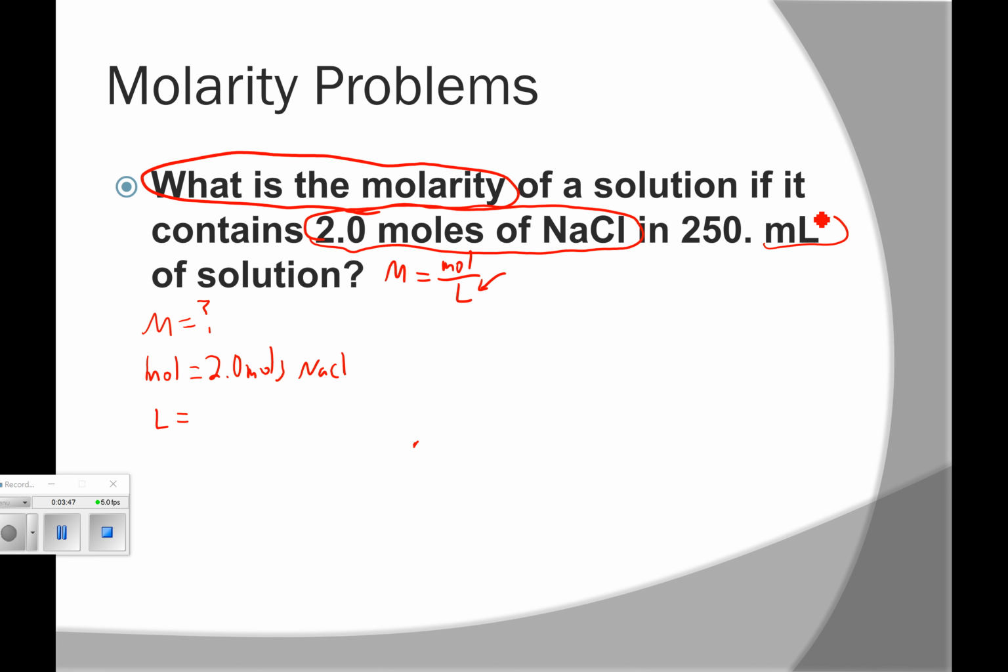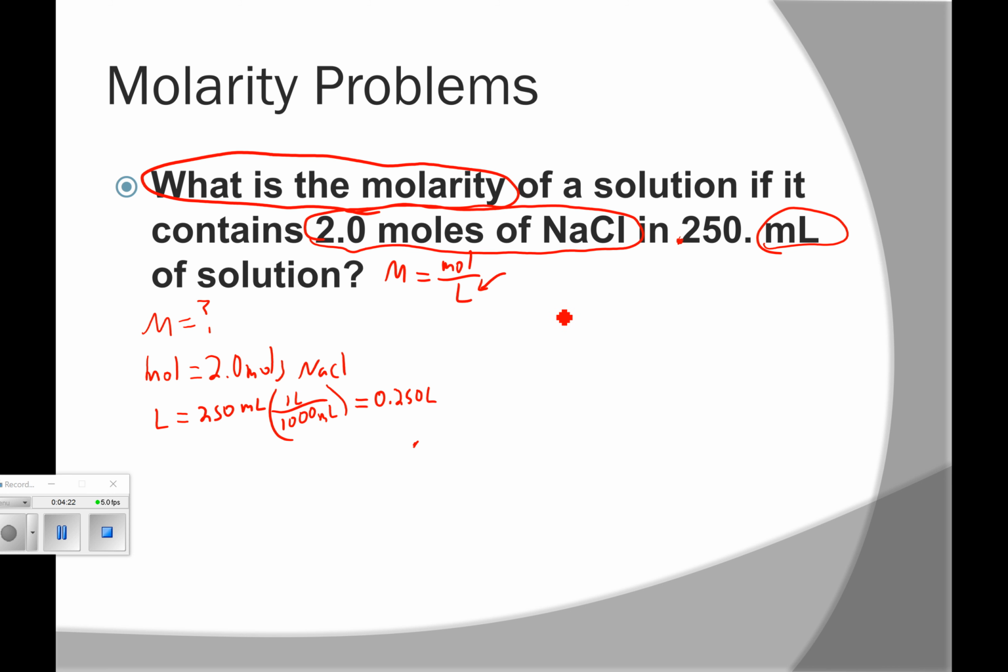It is not milliliters. So we have to convert this. We have 250 milliliters. We know that in 1 liter there are 1,000 milliliters. So this gives us 0.250 liters. We just move that decimal 3 spots to the left.